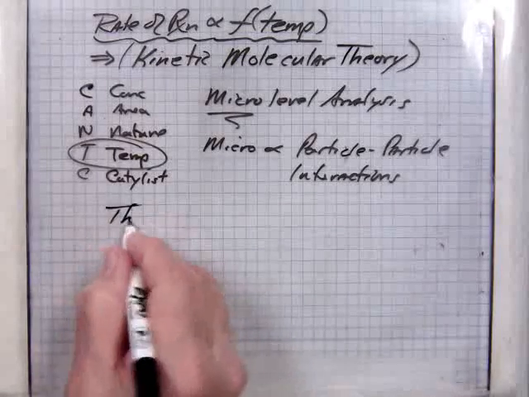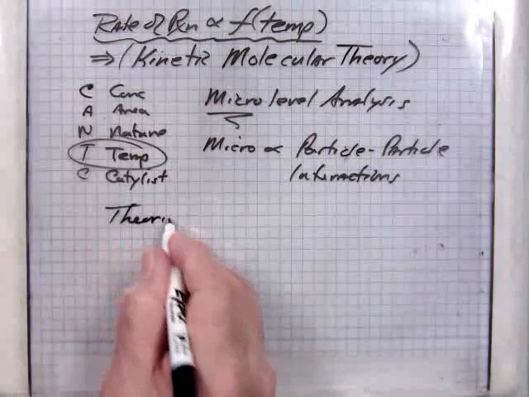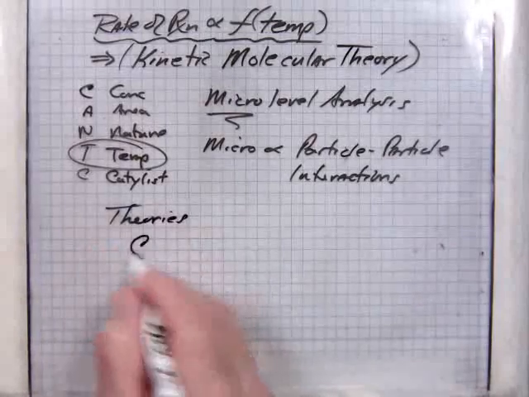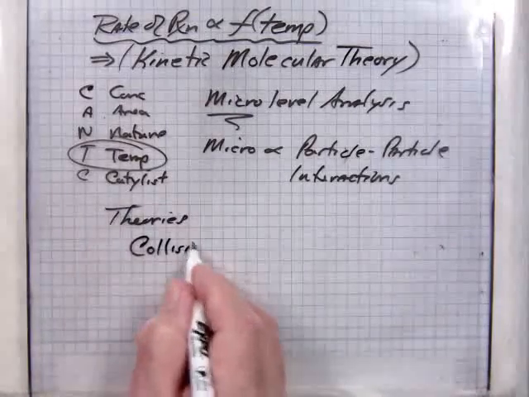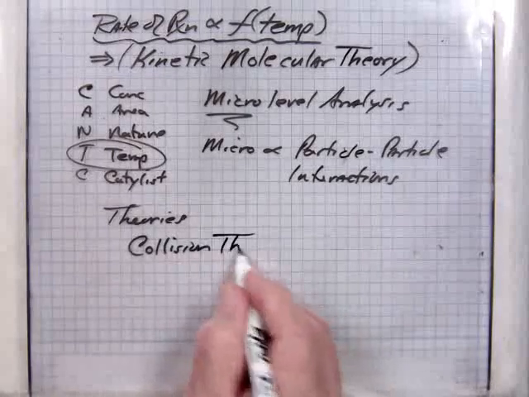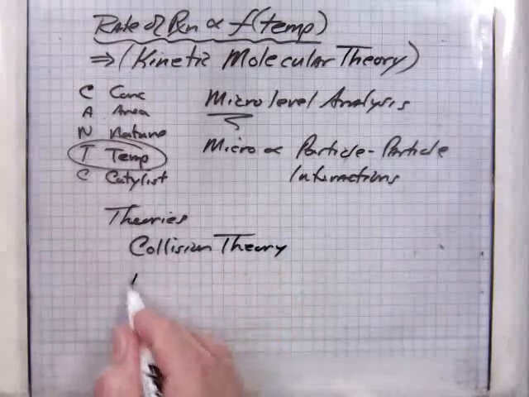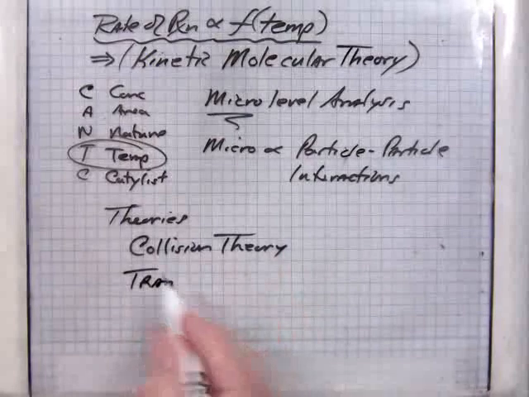So theories that we're going to look at are the collision theory, and the transition state theory, which comes out of the collision theory.